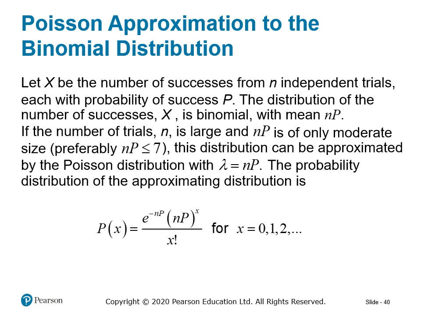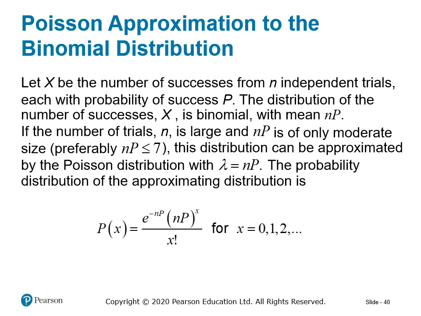If the number of trials n is large and n times p is only moderate size, i.e. n times p is 7 or less, this distribution can be approximated by the Poisson distribution with lambda equaling n times p, where the probability is e to the minus np times np to the x over x factorial.